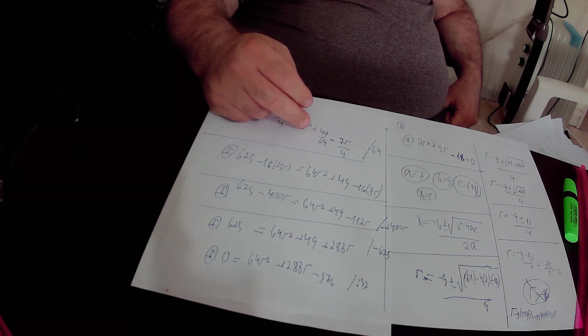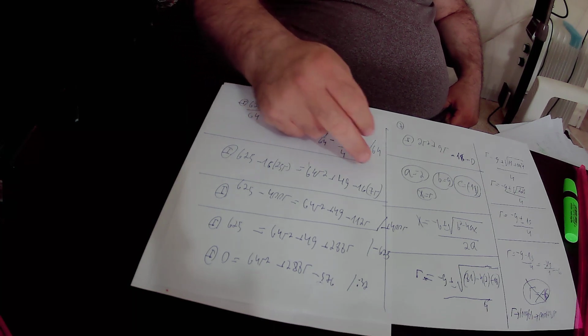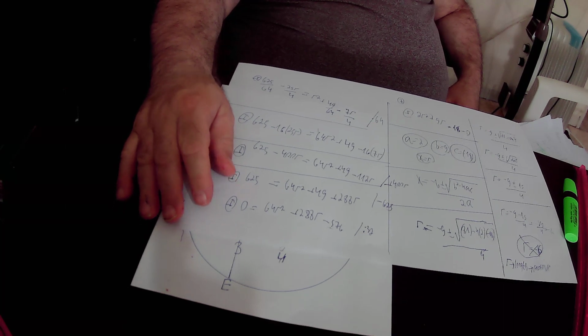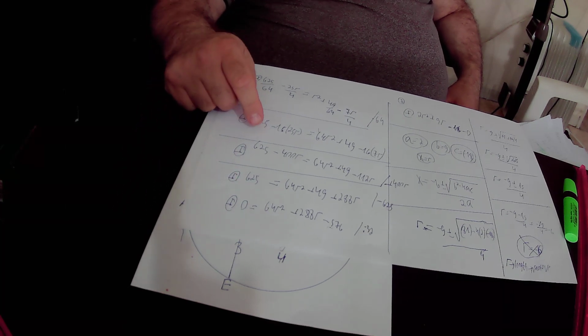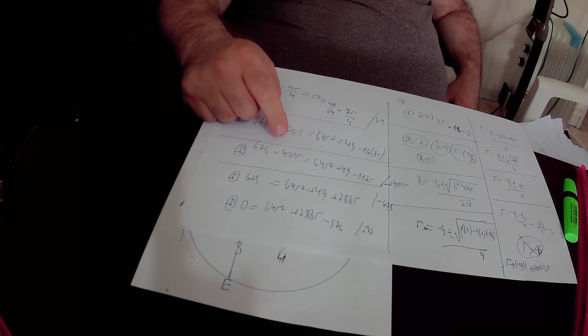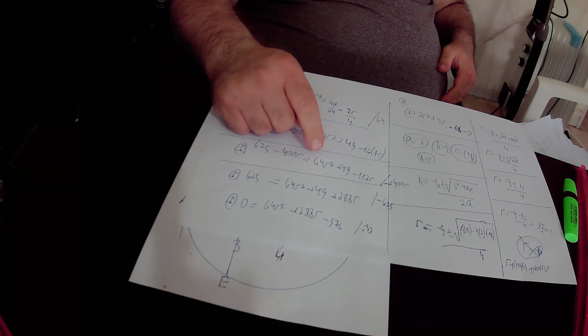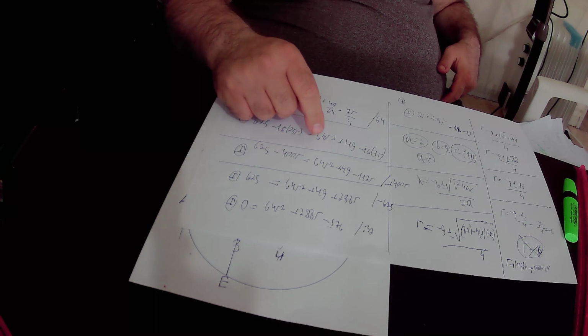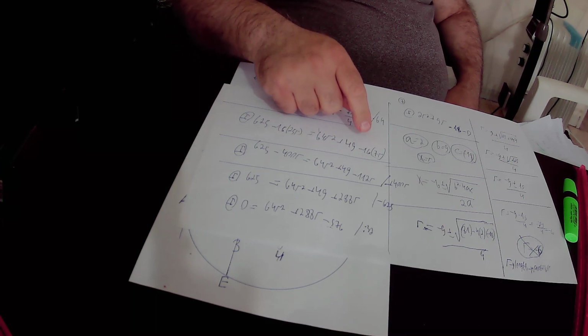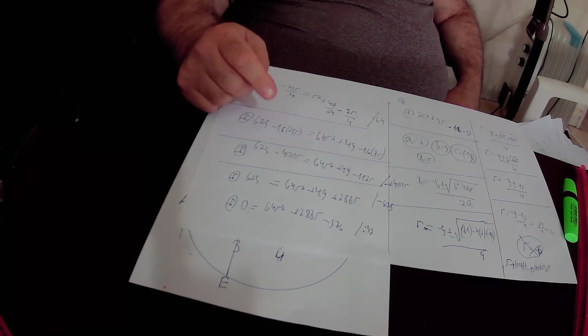Minus 7r over 4 times 64 is minus 16 times 7r. So here we have 625, and minus 16 times 25r equals minus 400r. Here we have 64r squared plus 49, and minus 16 times 7r is minus 112r.